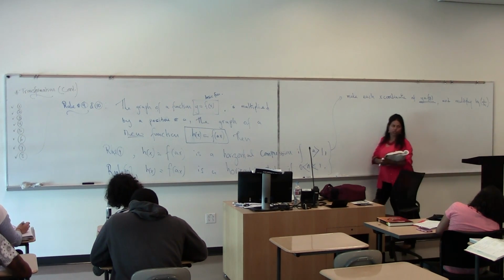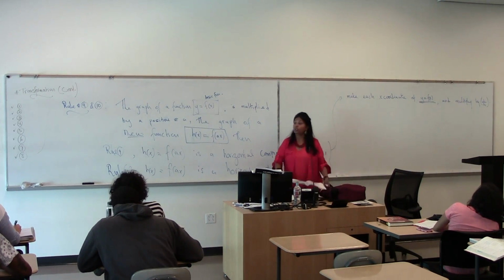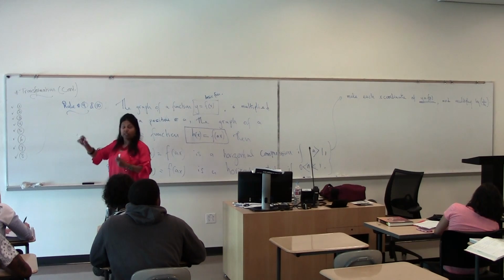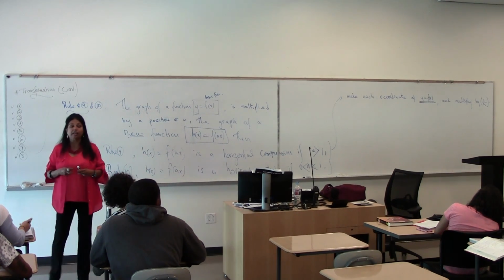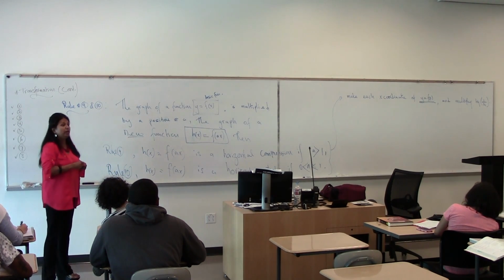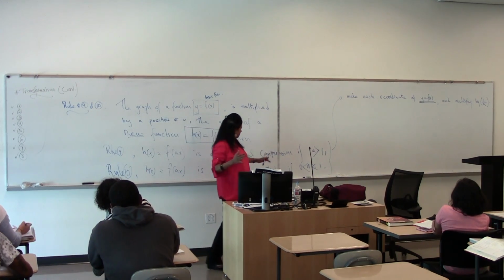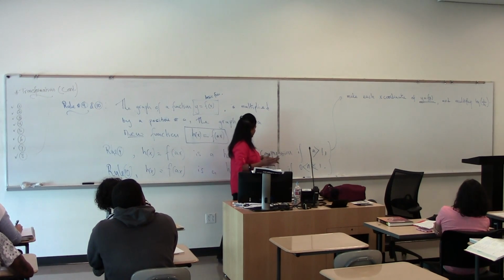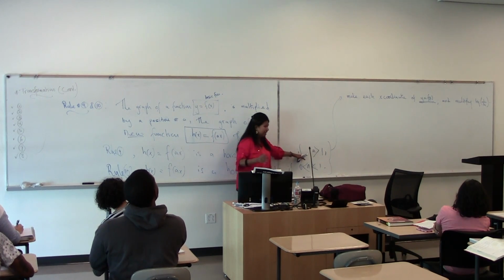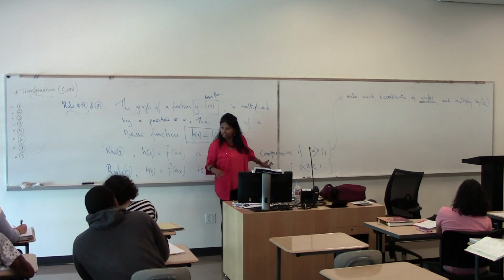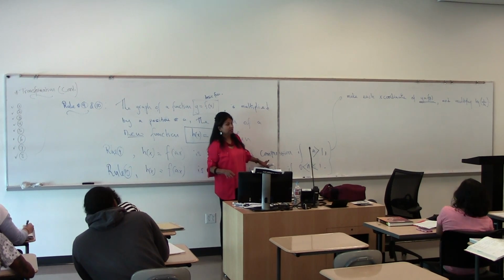I'll explain this to you guys. Remember we took the y coordinate and multiplied by a when it's outside. Now we take the x coordinate and multiply by 1 over a. That's why when a is bigger, if you multiply by 1 over a, you get a fraction, so it becomes a compression.